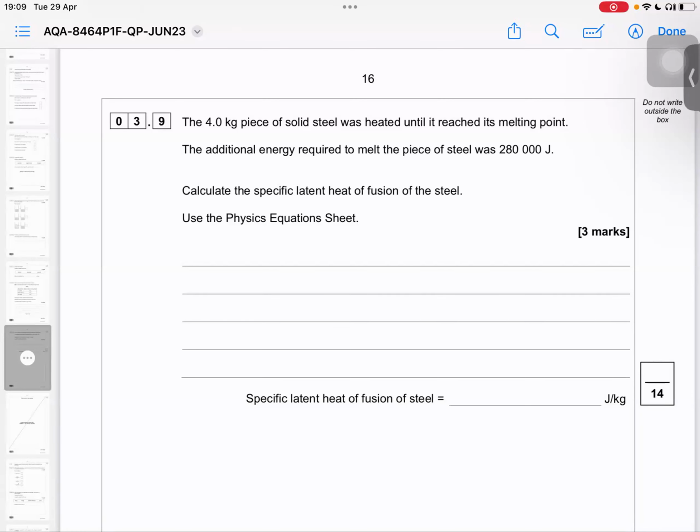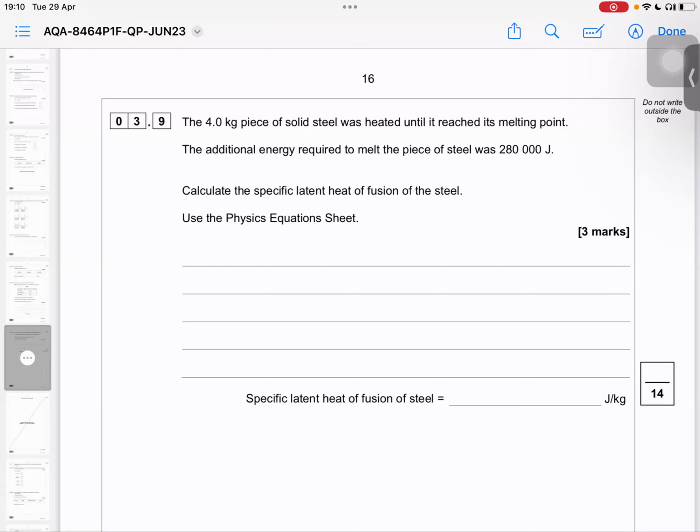It now says, calculate the specific latent heat of fusion of the steel. Use the physics equation sheet. Okay. Specific latent heat of fusion of the steel.